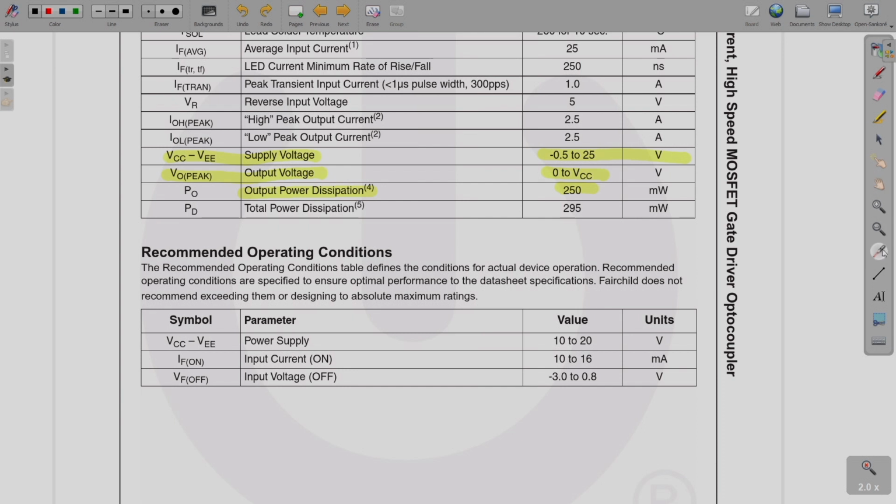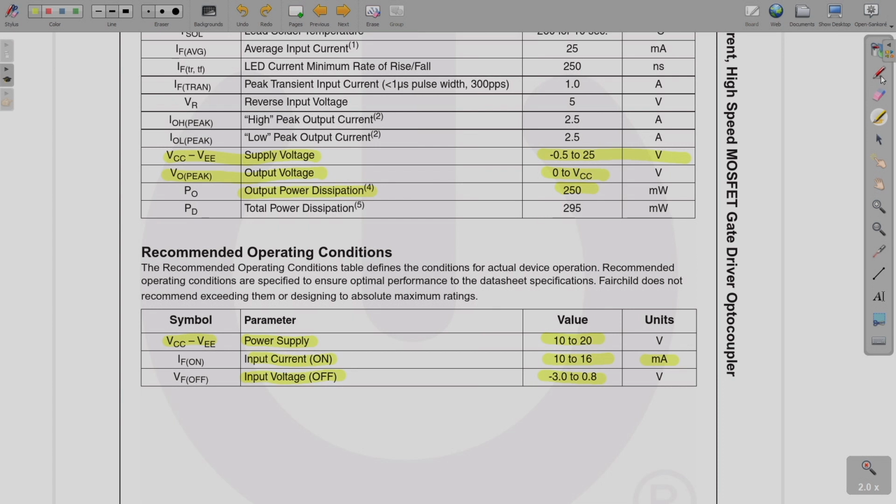Then the recommended power supply voltage level is 10 to 20 volts. Then input current is in milliamperes, and this is very important, as I told you, it should not load your controller. So, this is the input current which is low enough. Then the input voltage for the off state is from 0.8 to -3 volt.